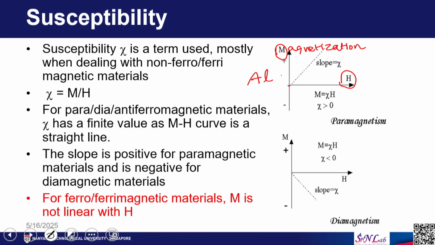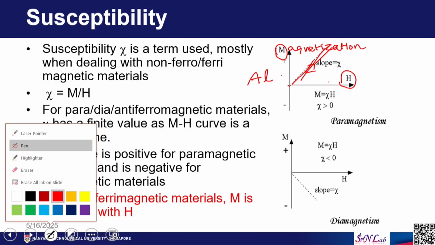As I increase the magnetic field, the magnetization will start increasing. It will go up following a straight line, and when I reduce the magnetic field, it will just go back to 0 along the same path.